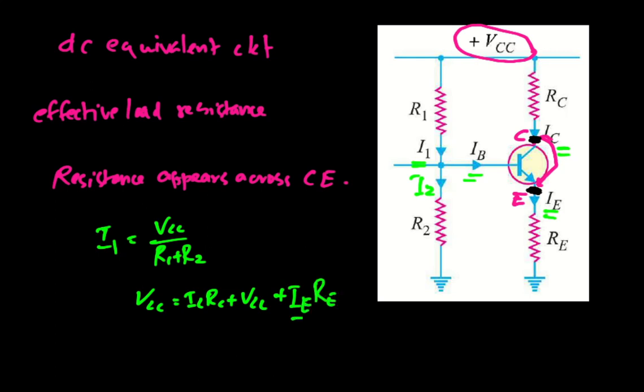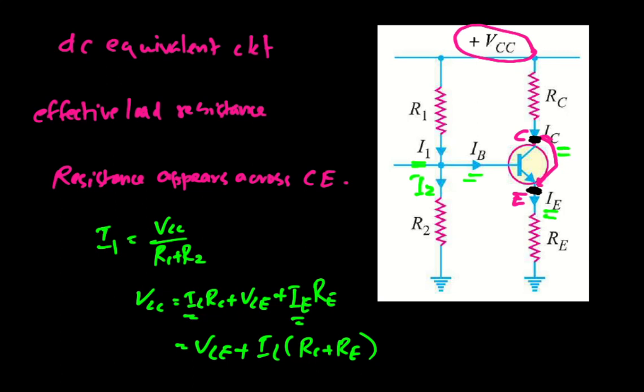And this IE is approximately equal to IC, so this equation can be written as VCC equal to VCE plus IC into RC plus RE. These equations are useful while drawing the DC load line.